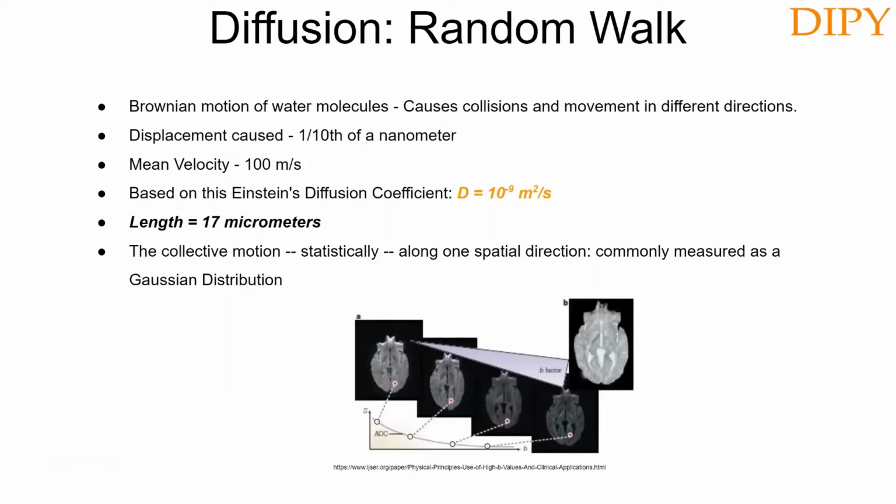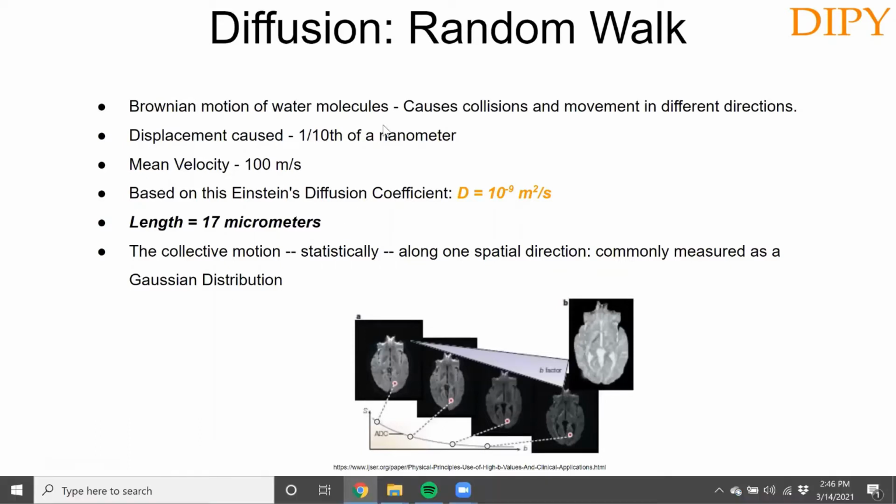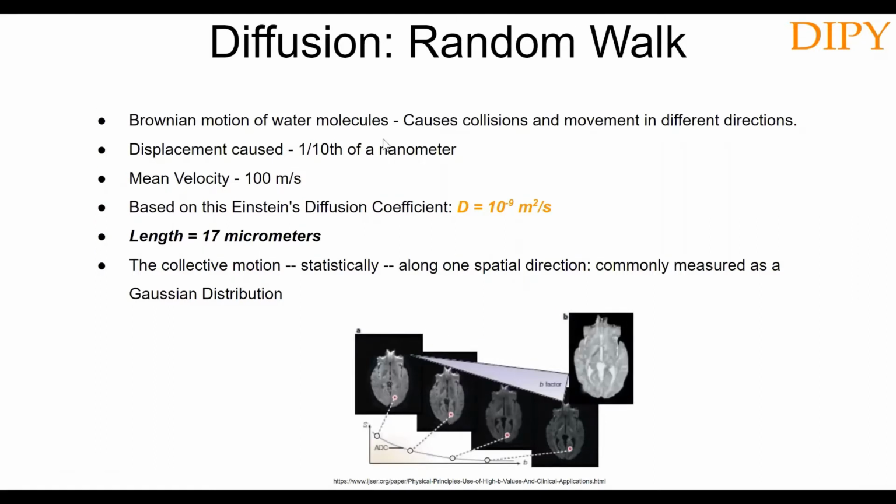So diffusion is a random process. It is Brownian motion of water molecules, and that is at different speeds. It occurs due to collisions in random directions. The displacement caused by diffusion is on the scale of 1/10 of a nanometer, and the mean velocity is 100 meters per second.